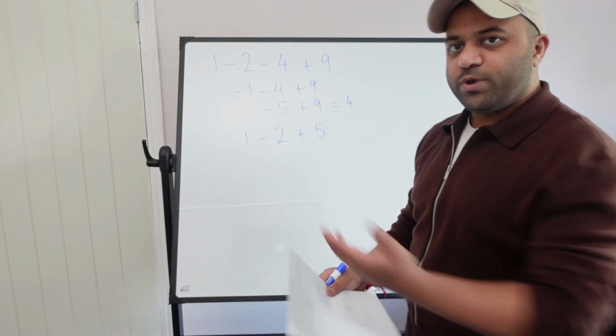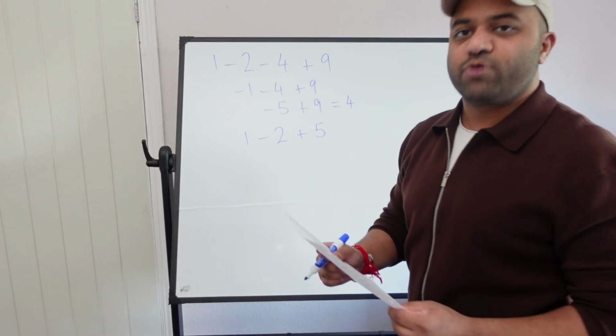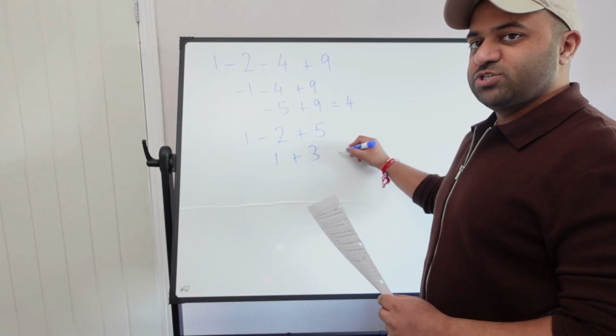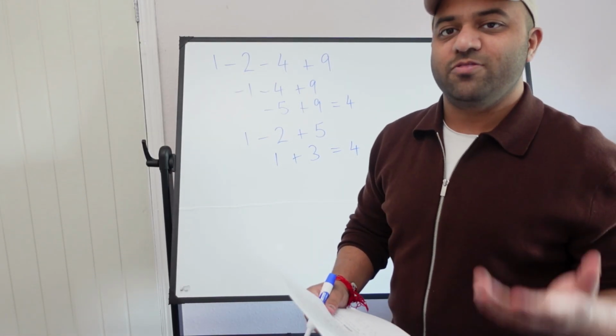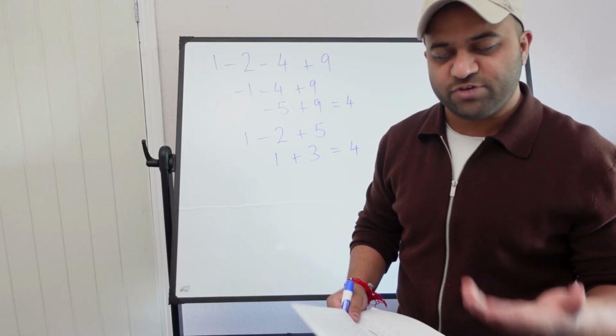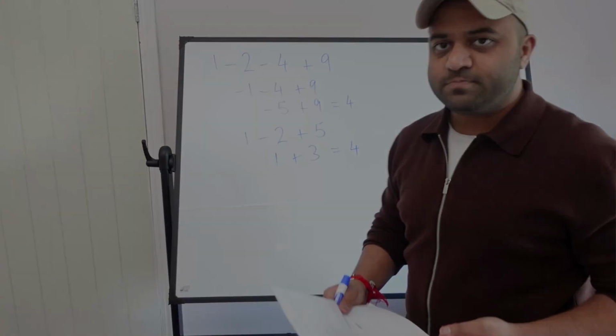And then we could do the -2 add the 5 to give us 3. And then 1 plus 3 gives us the 4. So again, the order in this case doesn't matter. Addition and subtraction are inverses of each other. Therefore, they can be done in either order.